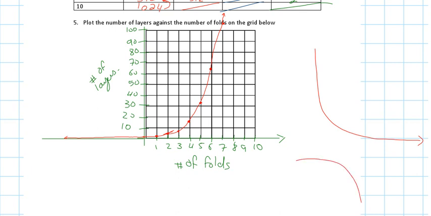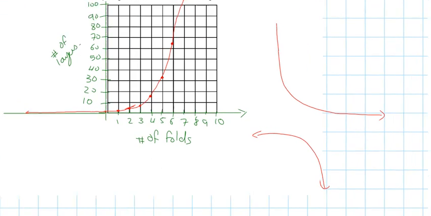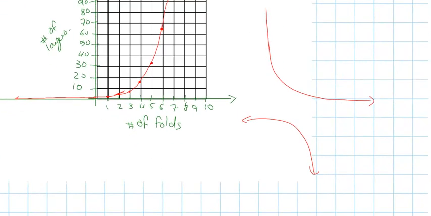No matter which direction it's going, you're always going to have a horizontal and something fast, either decrease or increase. So these are other exponential graphs. We'll talk about them later. Do we understand that?